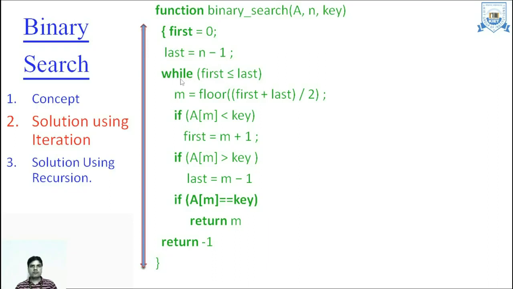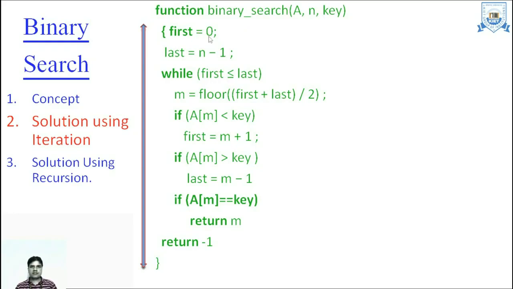Iteratively, we have to move from first to last, and we'll keep on updating first and last according to the comparison, and we'll also find the value of mid. So how are we finding the value of mid? This floor function is used to represent that we need to take only the integer value.